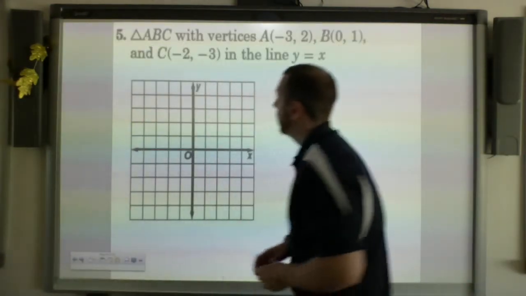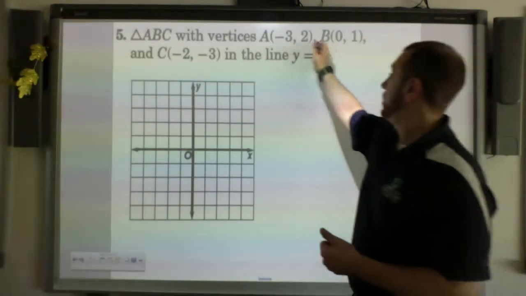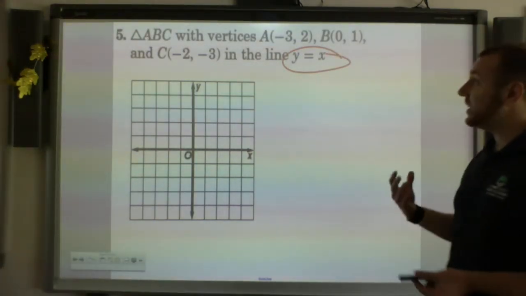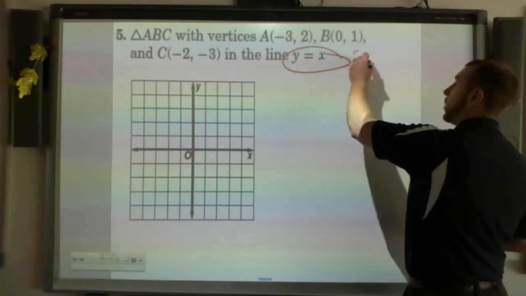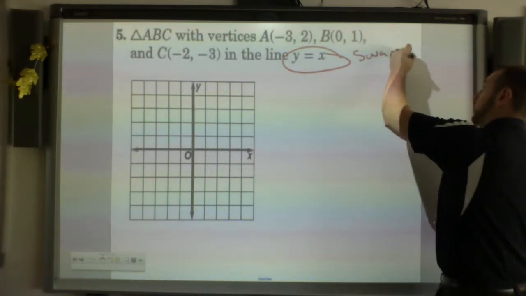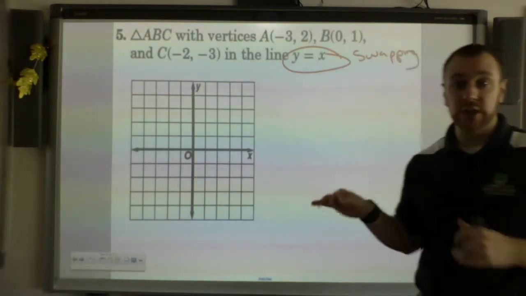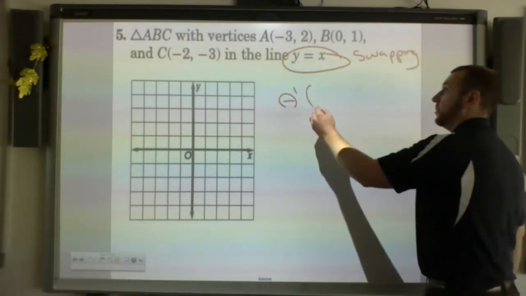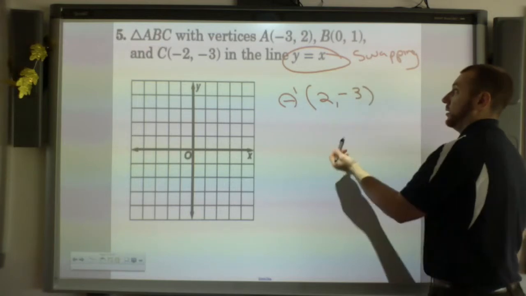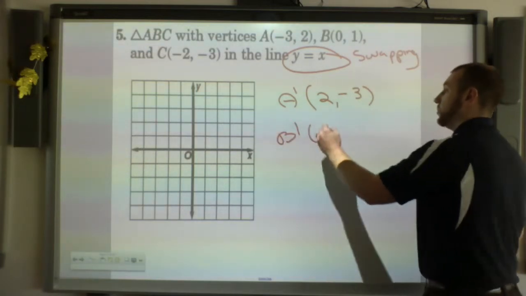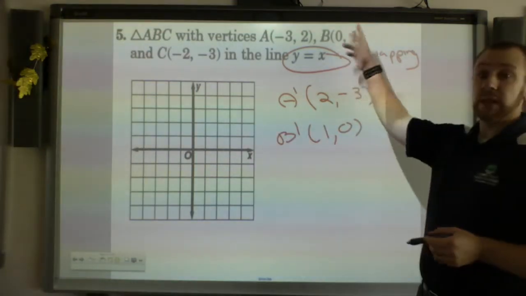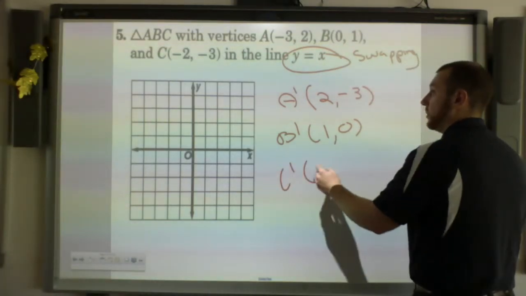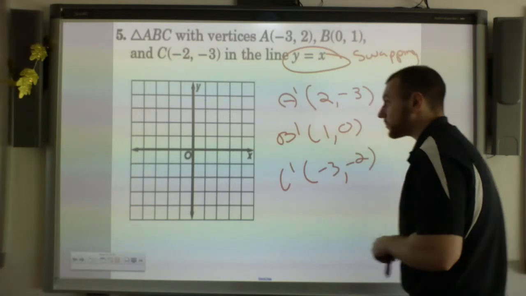The next step is when we're reflecting in the y equals x. With y equals x, again, I'm swapping. I'm not changing any signs, I'm swapping. So my new A becomes 2, -3. My new B becomes 1, 0. All I'm doing is flipping these numbers. And my new C is going to be -3, -2.